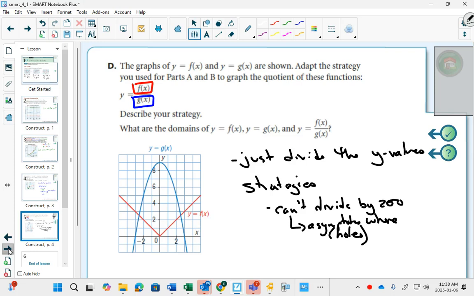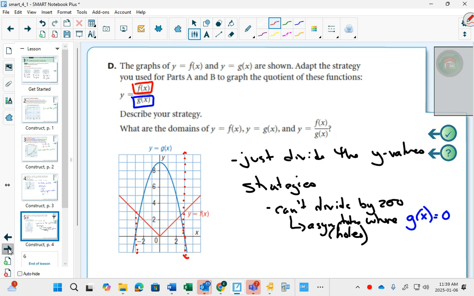Asymptotes or holes, because remember, if you're dividing and you have a non-permissible value, sometimes it's an asymptote, sometimes it's a hole. Almost always in these questions, there'll be asymptotes. But in this case, since we're dividing by blue, we're going to have an asymptote or a hole wherever g of x is equal to 0. In this example, they will be asymptotes.